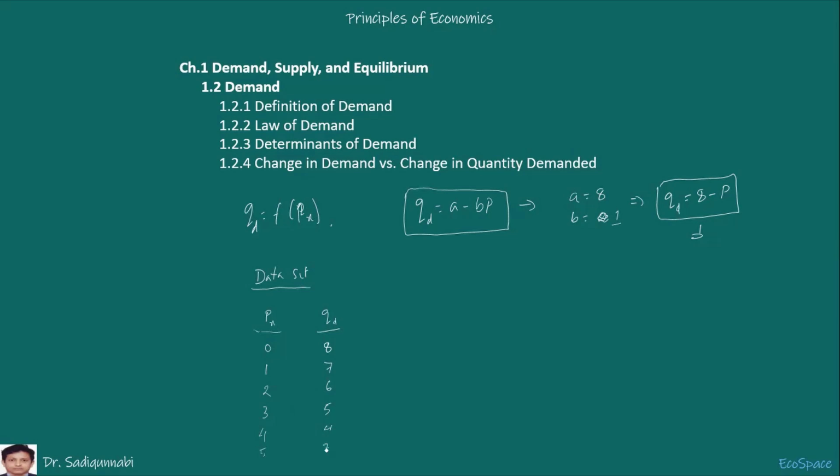Now, do you see the law of demand? What is the law of demand? PX decreases, QD increases. Do you see this? Or PX increases, meaning 0, 1, 2, 3, 4, 5, and QD decreases.